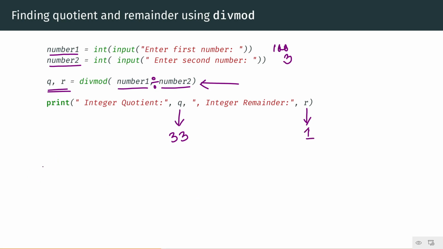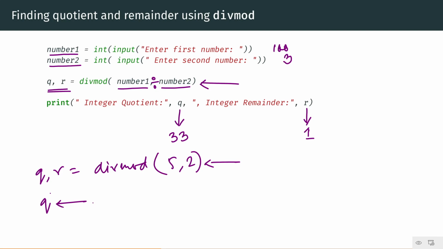So you could say q, r equals divmod(5, 2), and after you run the statement, q would have the value 2 and r would have the value 1. So that's just another way of doing the same thing which we did before.